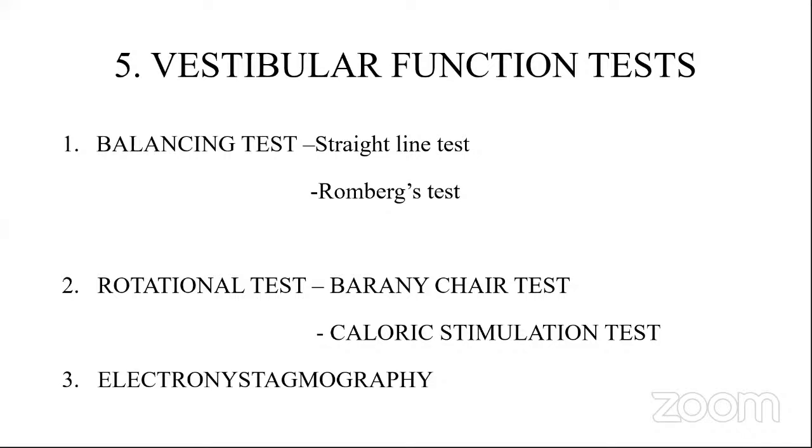So that is the balancing test. The straight line test and rhombus test also detect abnormalities of vestibular function. In cases of abnormalities of the vestibular tract, the straight line test and rhombus test become positive.